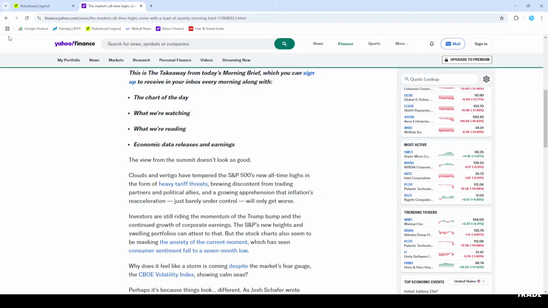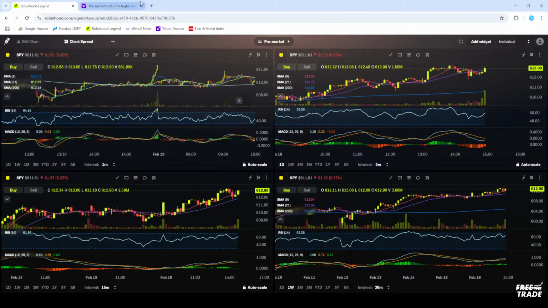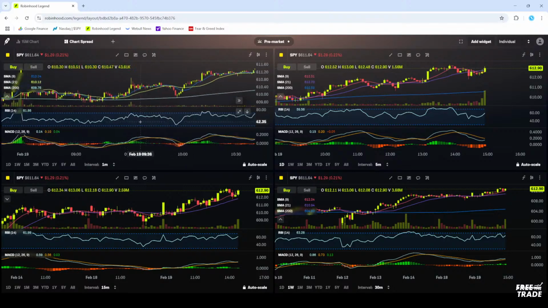Part of you would love to jump on board with this bull run, but at the same time, I don't want to be stuck with calls when the market finally does hit that pullback and begins to go down. So you have to take it one day at a time and just try to monitor.